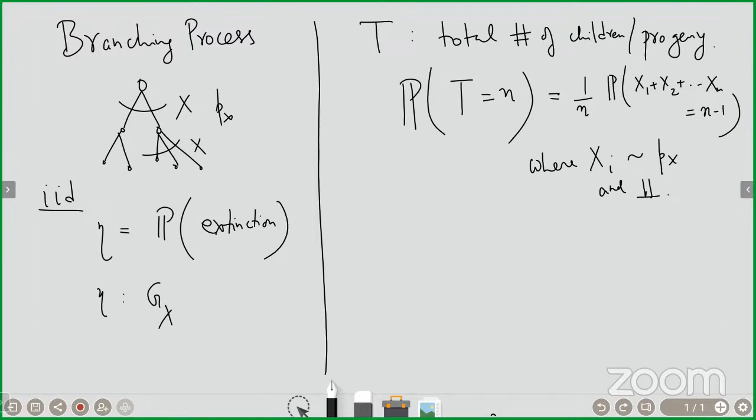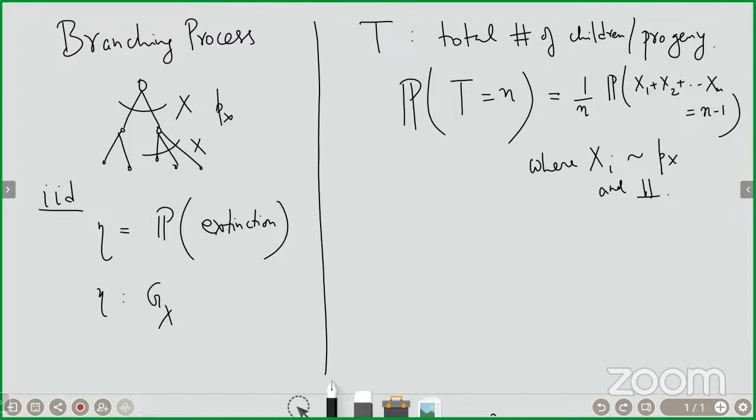This is, if you remember, a rewriting of the branching process for the number of progeny in terms of a random walk. We wrote a new random walk that started at 1, and every time I moved, I added an X and subtracted a 1 from it, and looked at the earliest time that this process hits 0. That was the same distribution as my total progeny.